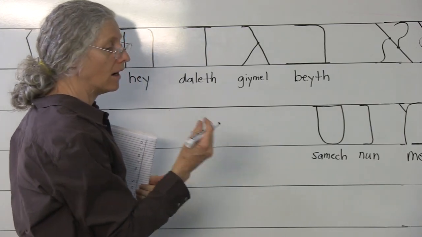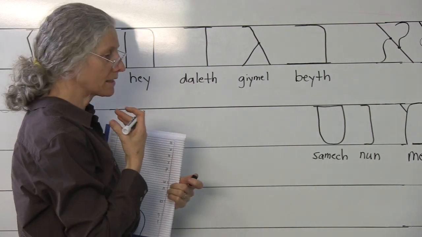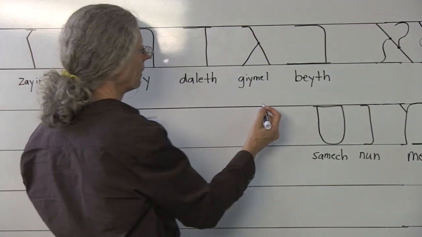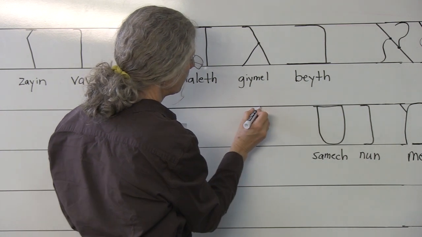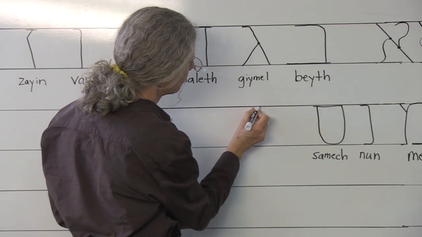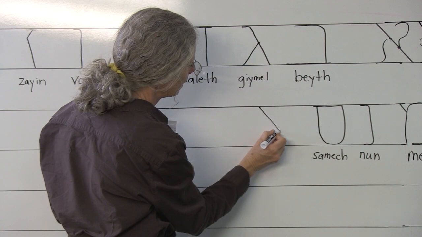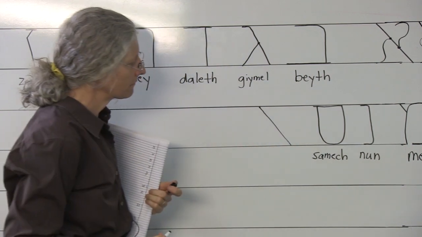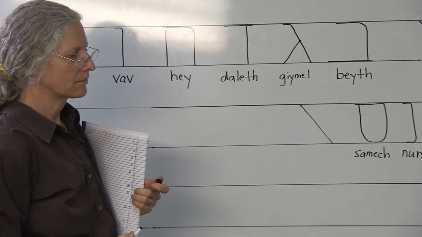Okay, next is ayin. Now this has that guttural aw sound. Ayin. The way you do this is you start from the top left, go to the bottom right with a big diagonal. Okay, make a big diagonal there.